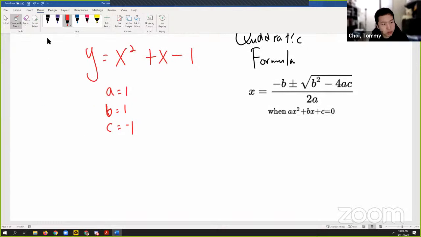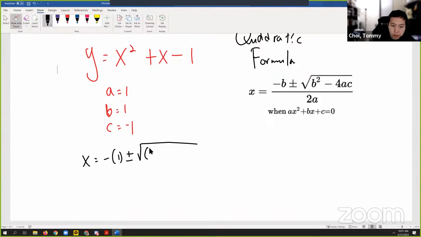Well, that gives us x is equal to, and we're using the formula, negative bracket 1, because that's b, plus or minus the square root of b squared, 1 squared, minus 4 times a, which is 1, times c, which is -1, all divided by 2 times 1, which is a.